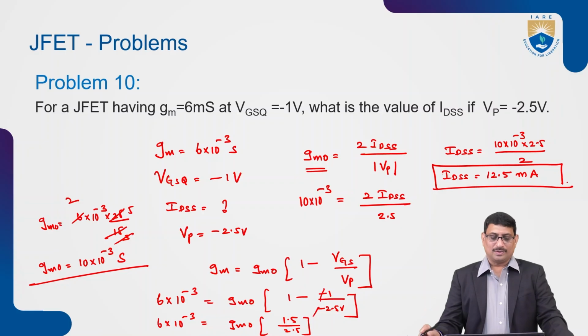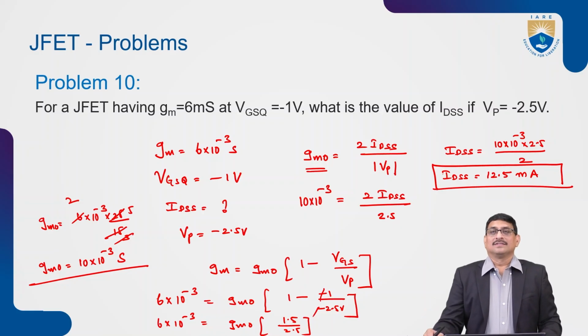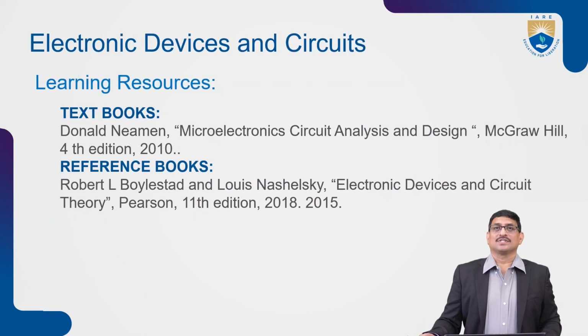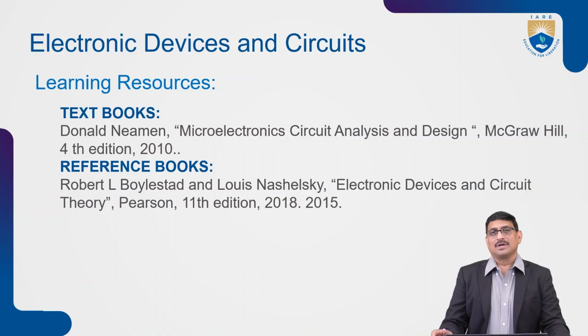So this is how we can calculate the IDSS by knowing the other parameters. Right? Thank you. And these are the learning resources to do more exercise problems, follow this Boylestad textbook, where we have designed more exercise problems of similar kind.